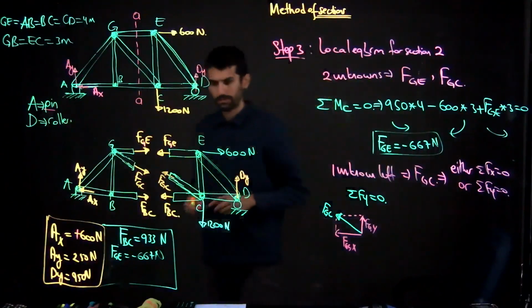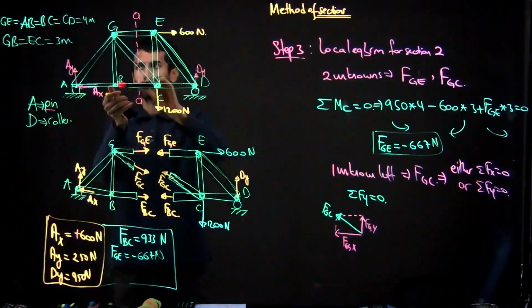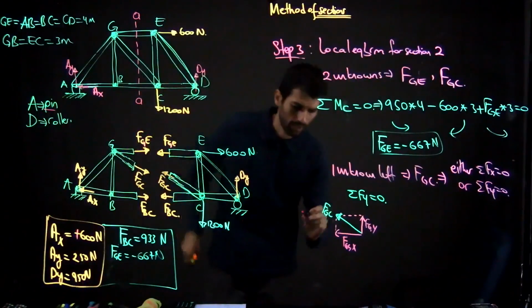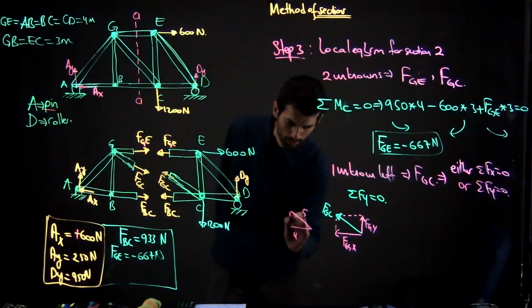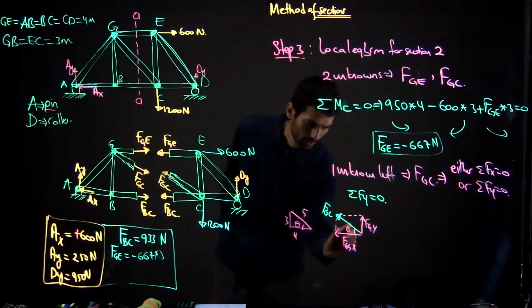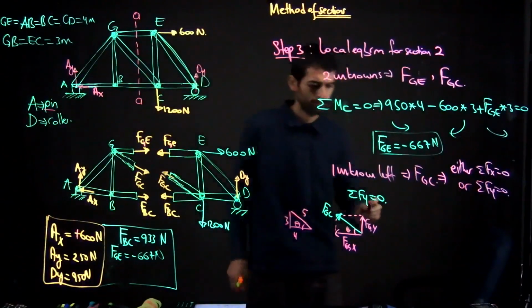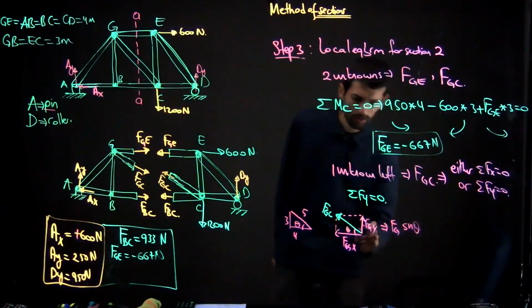And I know that this one is 4, this one is 3, and that one is 5. So I have a 5, 4, 3 triangle with an angle of theta. So it follows that this one will be FG sine theta, and positive.